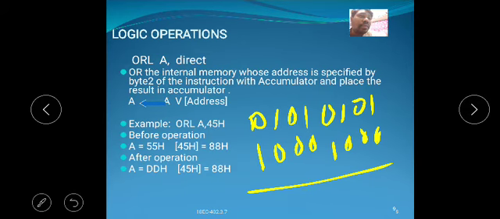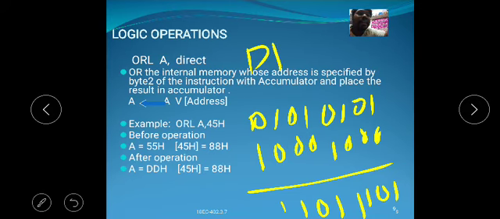Then the result is 1 1 0 1 1 1 0 1, that is D D. That is the resultant.